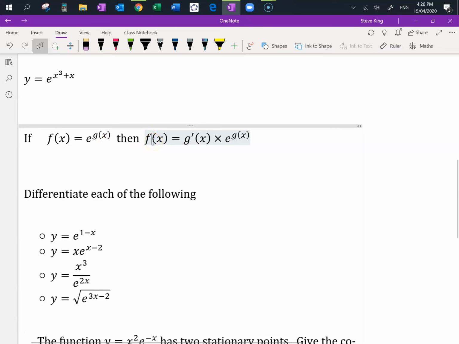F dash of x is going to be the derivative of this power multiplied by e to that original power. And that's really coming from the chain rule and our implementation of that.